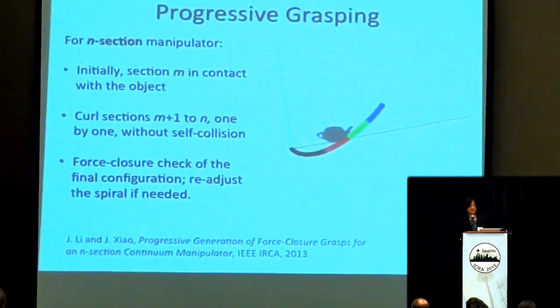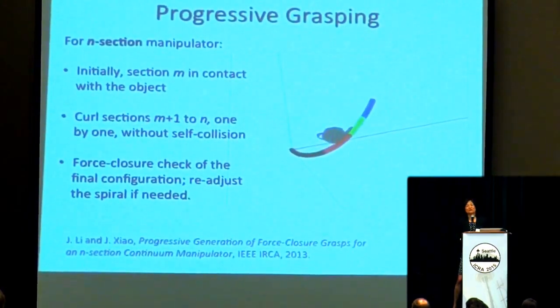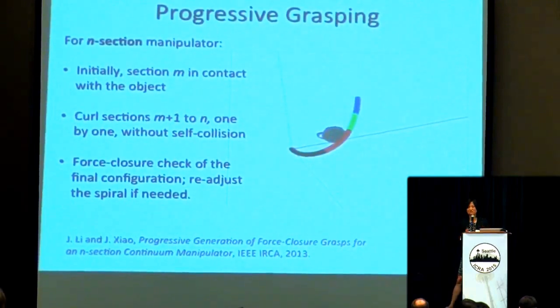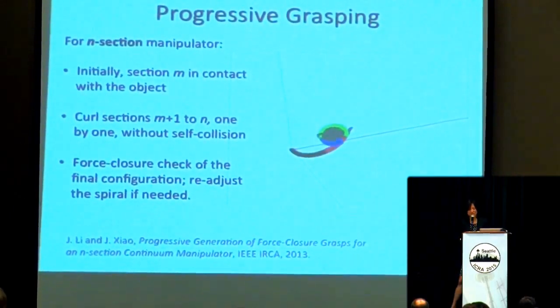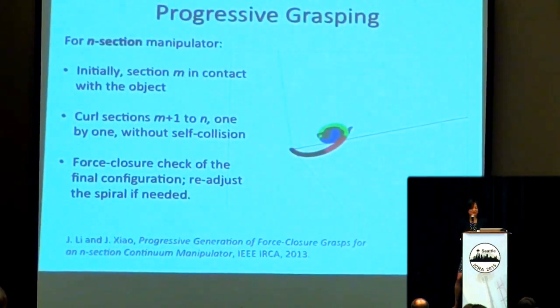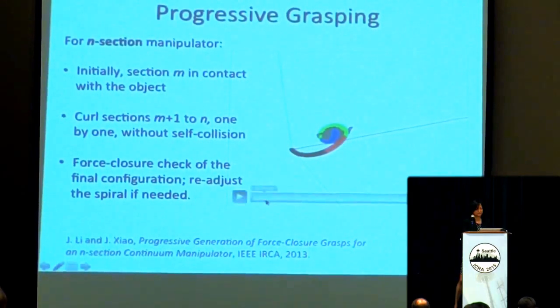Okay, so next we considered what if we don't know any bounding circle of the sort for the object, but still want to achieve force closure grasping through progressively producing a grasping configuration. So this shows an example algorithm.